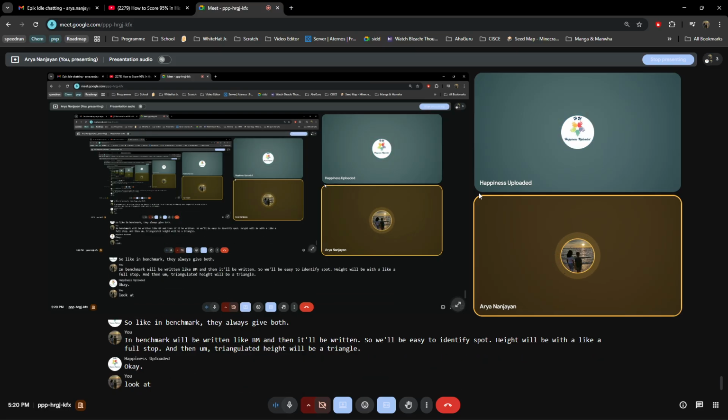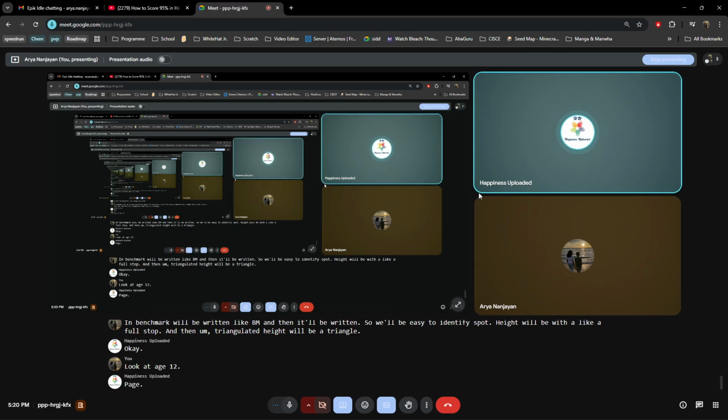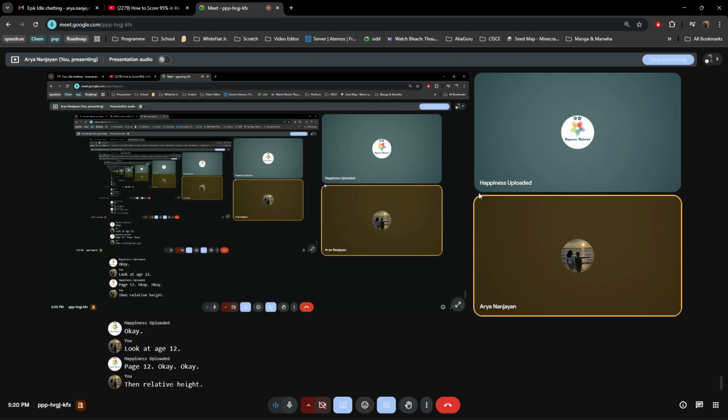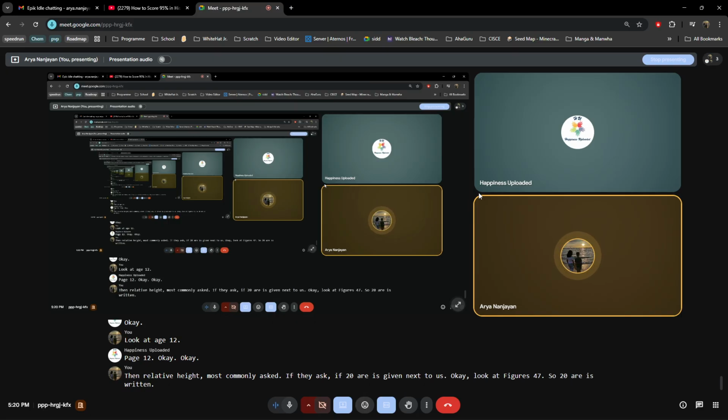Look at page 12. Then relative height, most commonly asked. If 20R is given next to a well, look at figure 47. So 20R is written next to a lined perennial well.